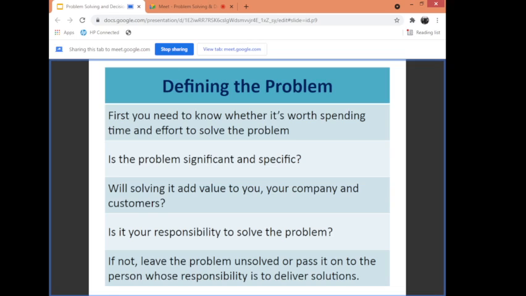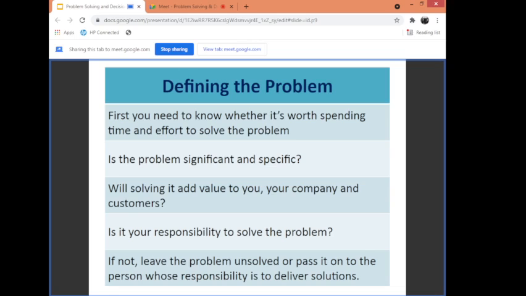So, defining the problem. First, you need to know whether it's worth spending time and effort to solve the problem. Is it meaningful for you to solve the problem? Okay. What are the gains in solving this problem? Is it going to solve the problem in terms of behavior of the people?